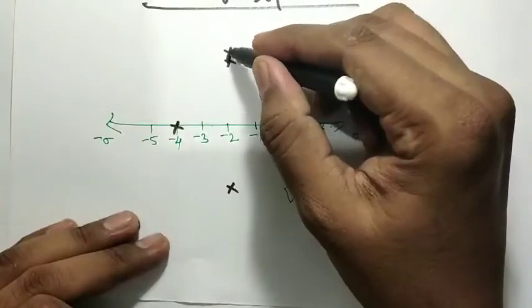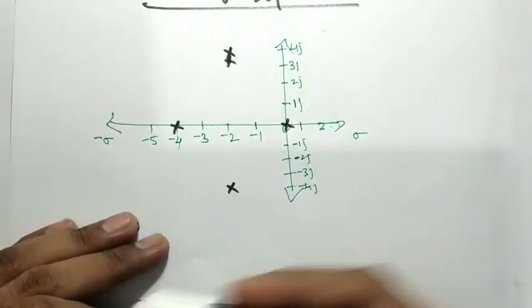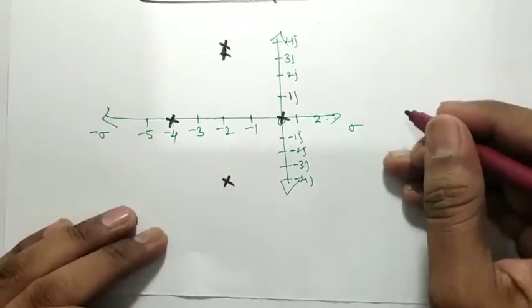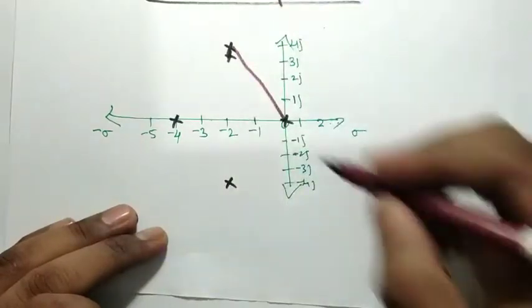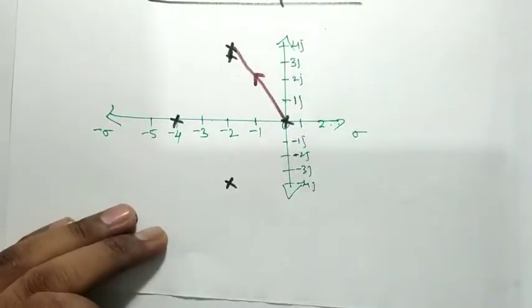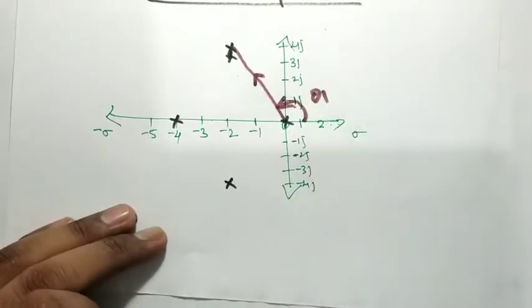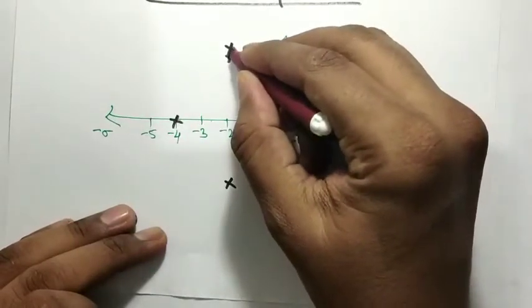What about these roots? To find the angle of this root, you draw the asymptotes, right? Sorry, you have to draw one vector from here. This is one vector, and what is the angle here? What is theta 1? You have to find it. So again you draw one vector.